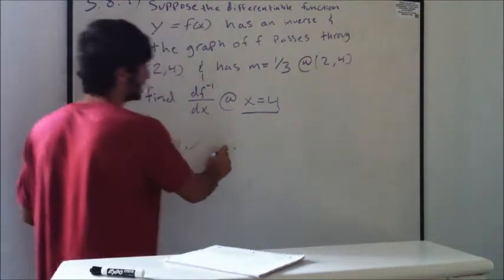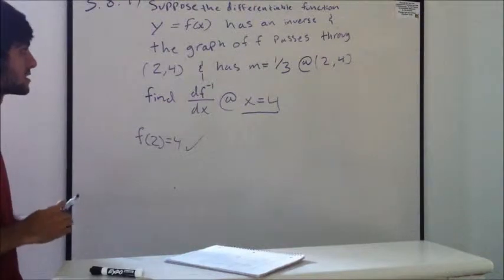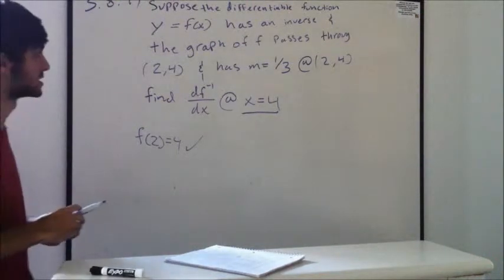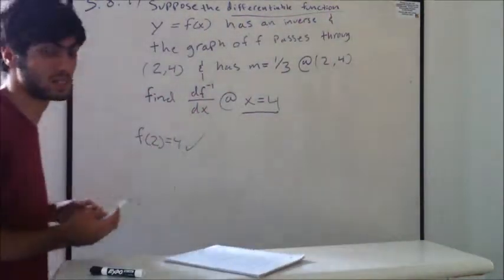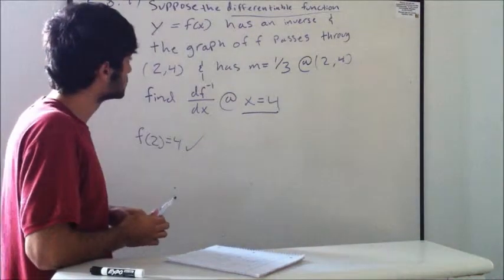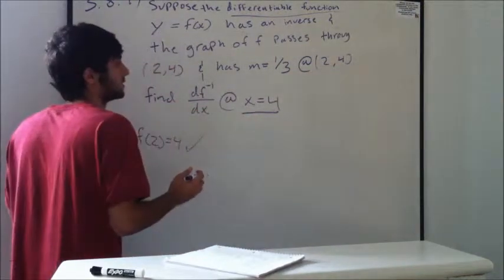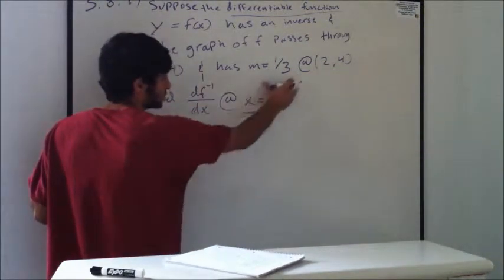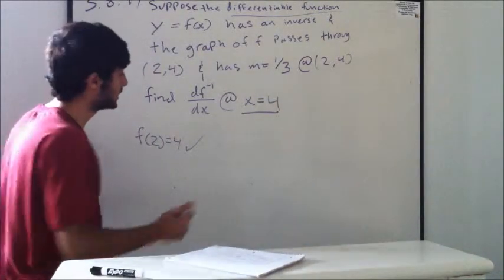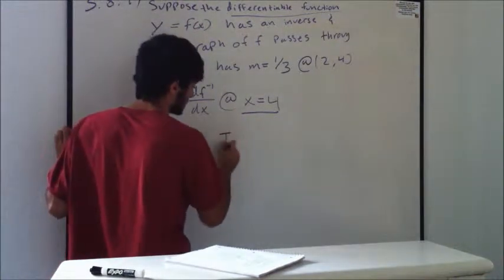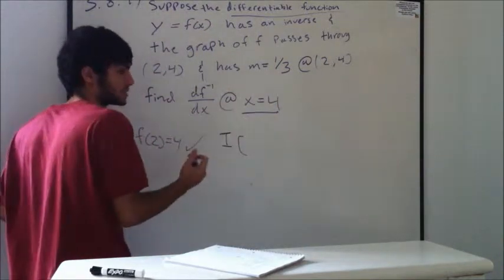Now we're going to try and see if we can come up with an interval where the derivative exists and is not equal to 0. We're told that it's a differentiable function, so we know that the derivative exists. And we know that at this particular point, when x is around 2, our slope is 1/3. So we can say that I is a range that's very close to 2, because we're not sure what happens around it.